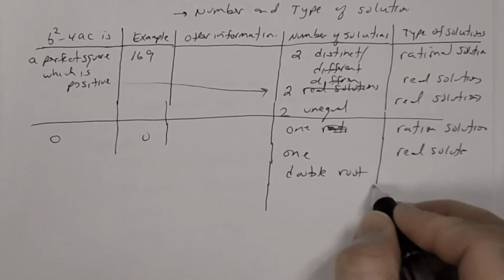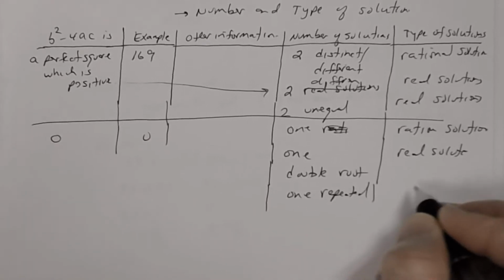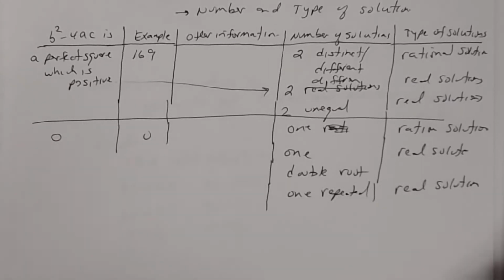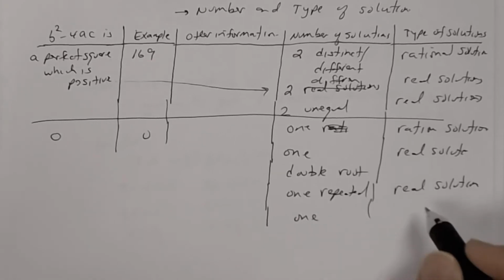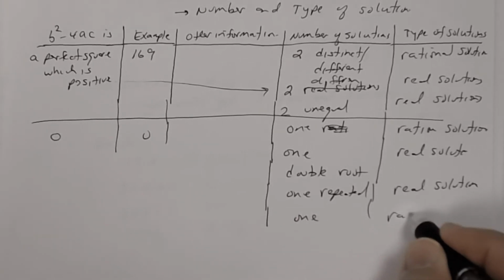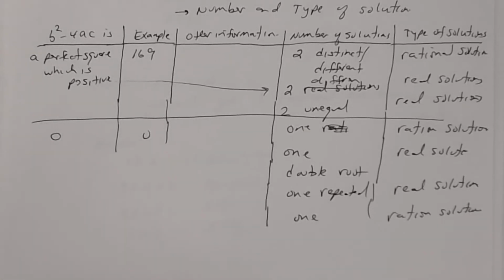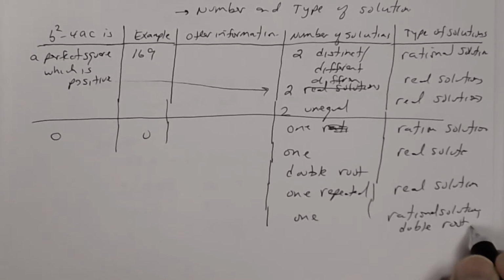You may hear the phrase one repeated real solution. You may hear the phrase one rational solution, which may also be with the phrase double root. Remember, root means the same thing as solution.